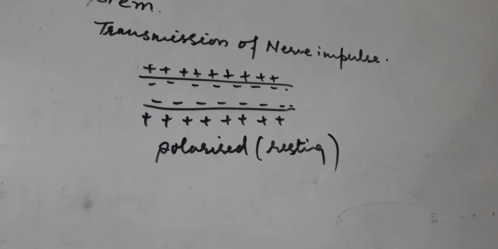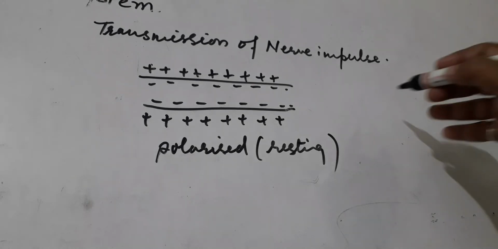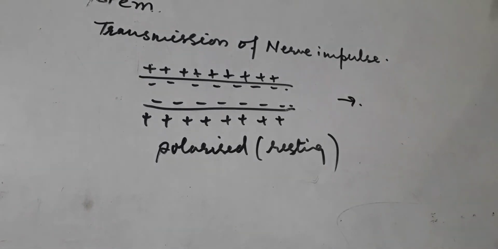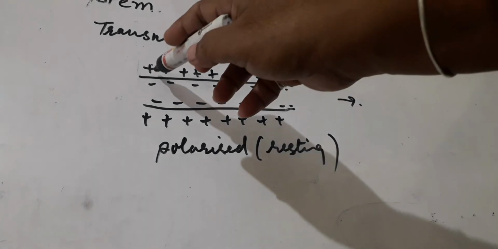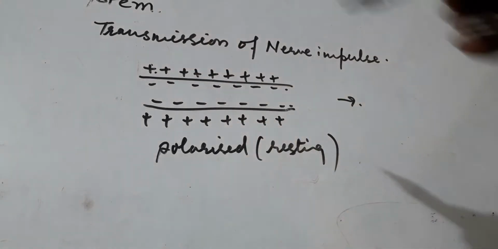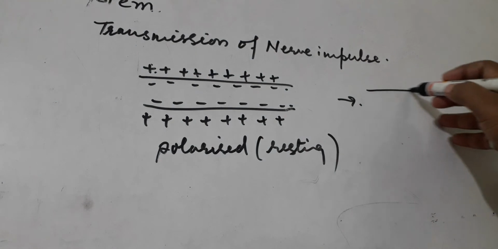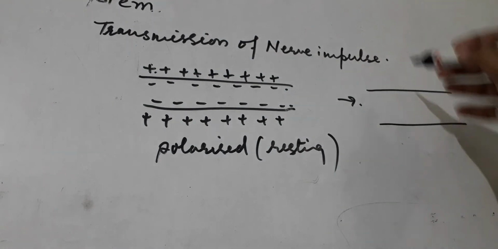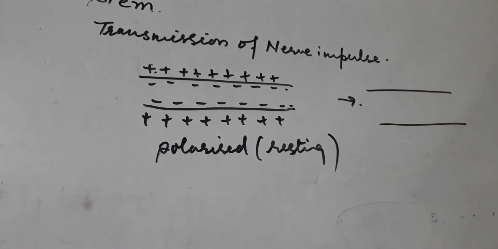Okay. Now due to stimulation, suppose stimulation acts here, so this makes the membrane permeable to sodium ion, which moves inwards.